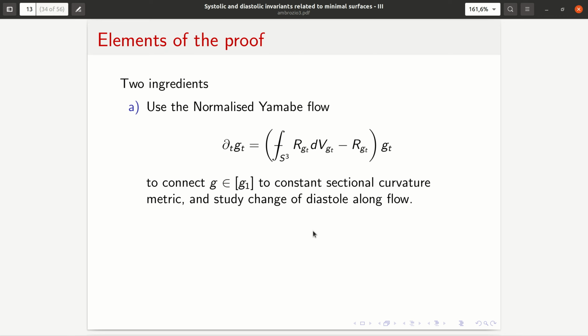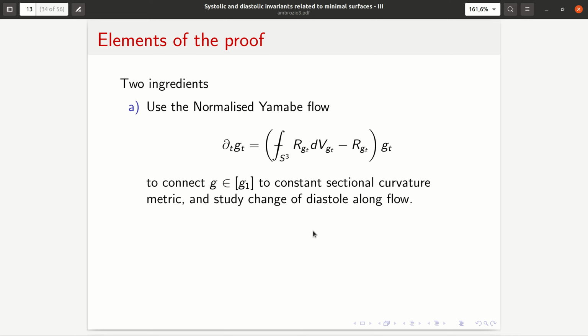R here is the scalar curvature, and normalized means that this flow keeps the volume fixed. Notice that this flow happens inside a conformal class. So we use the normalized Yamabe flow to connect our metric, as in the theorem, to a metric with constant sectional curvature.